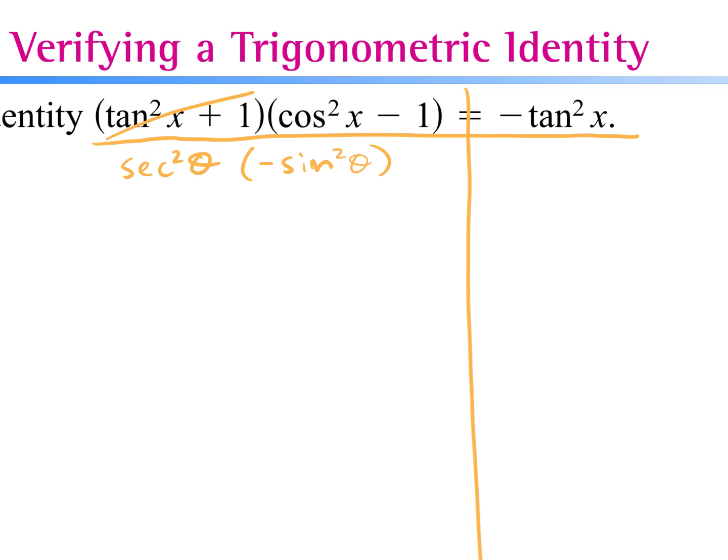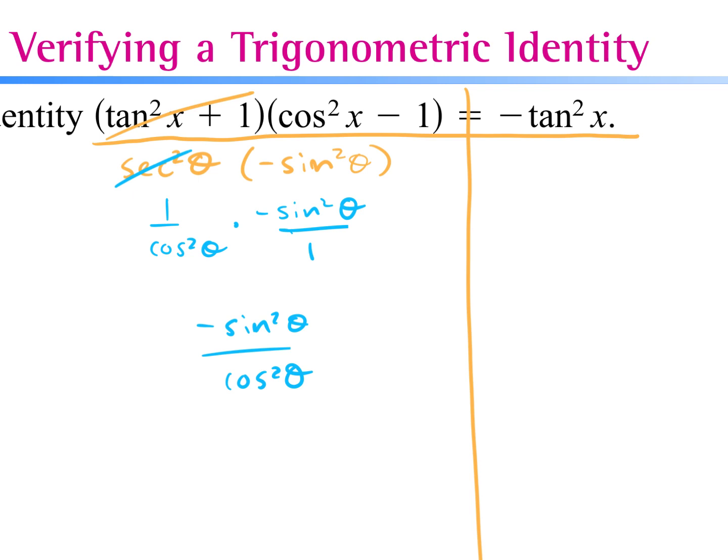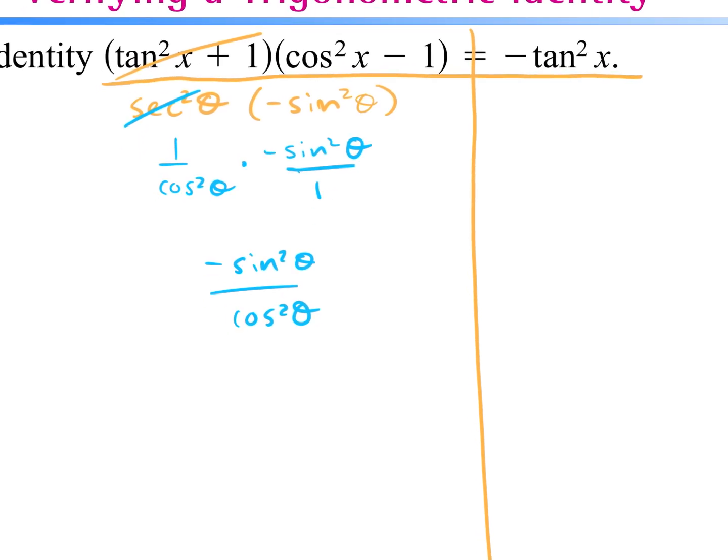So I can change secant squared to be 1 over cosine squared. I can multiply these together, so it'd be negative sine squared over cosine squared. What would I do next? Change it to negative tangent squared. Perfect. Which is the same thing that I was looking for.